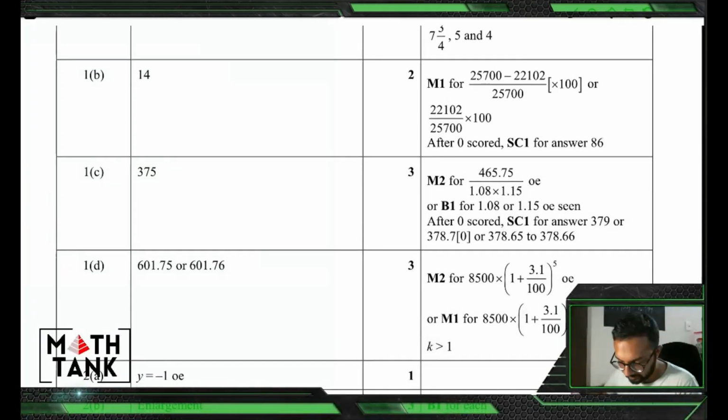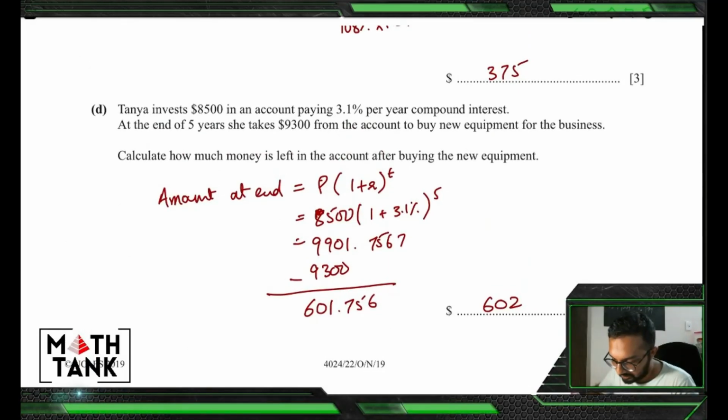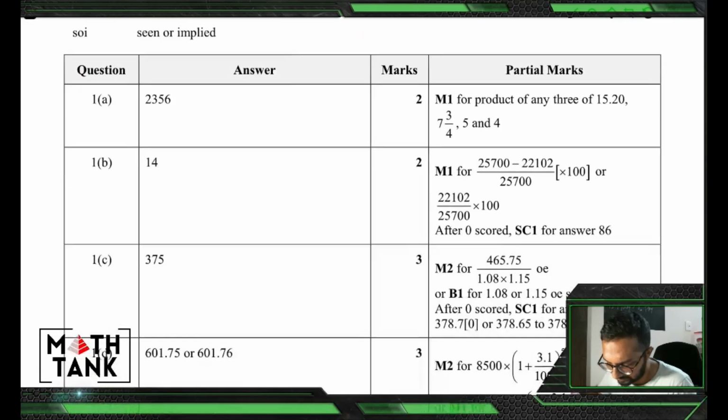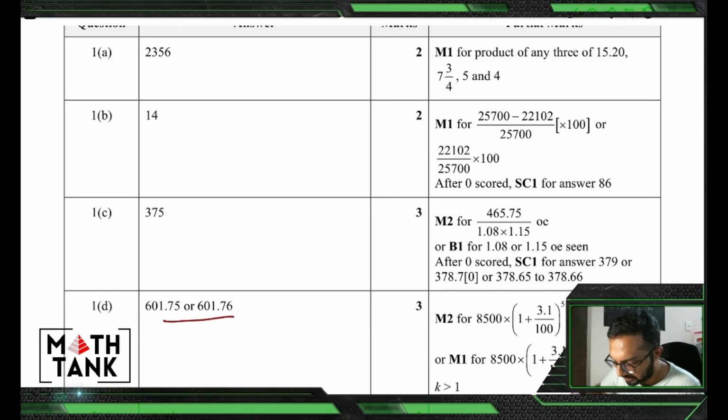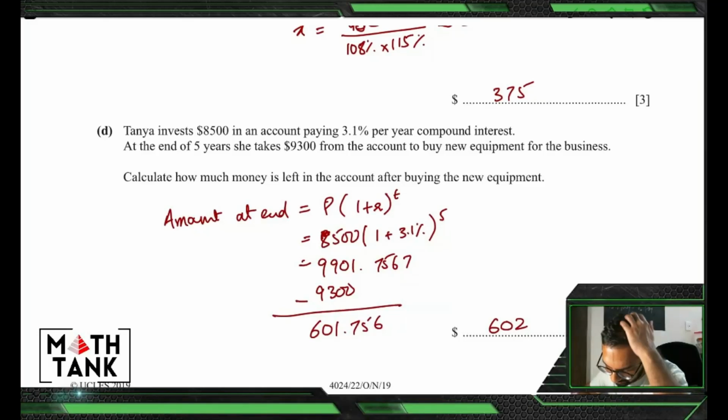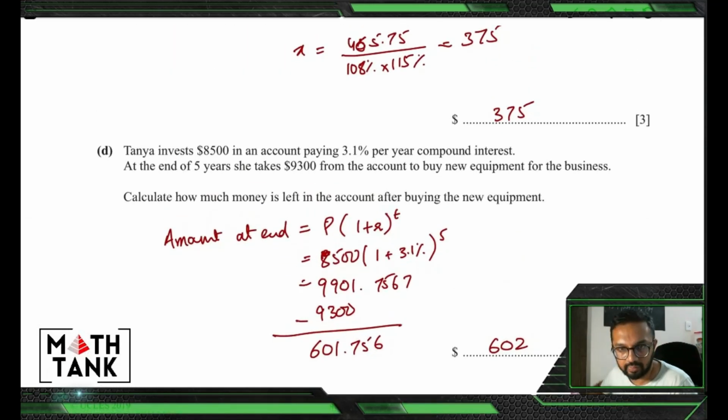Let's check quickly. I don't know why these answers are not rounded off correct to 3 significant figures. That's weird. Okay, any number between this. Maybe because it's dollars and I need to give my answers in dollars and cents. I'll have to check that. Just give me a quick moment to check. What paper is this? November 19.